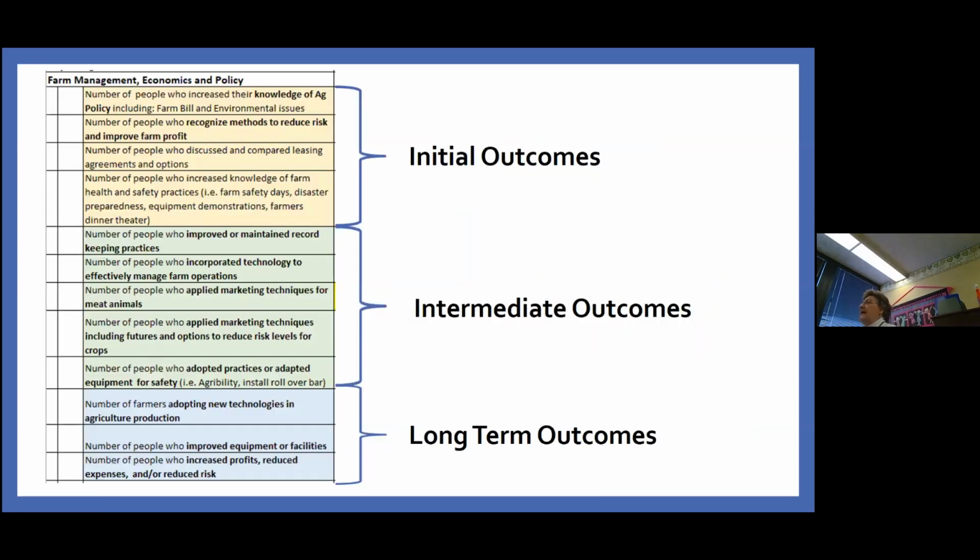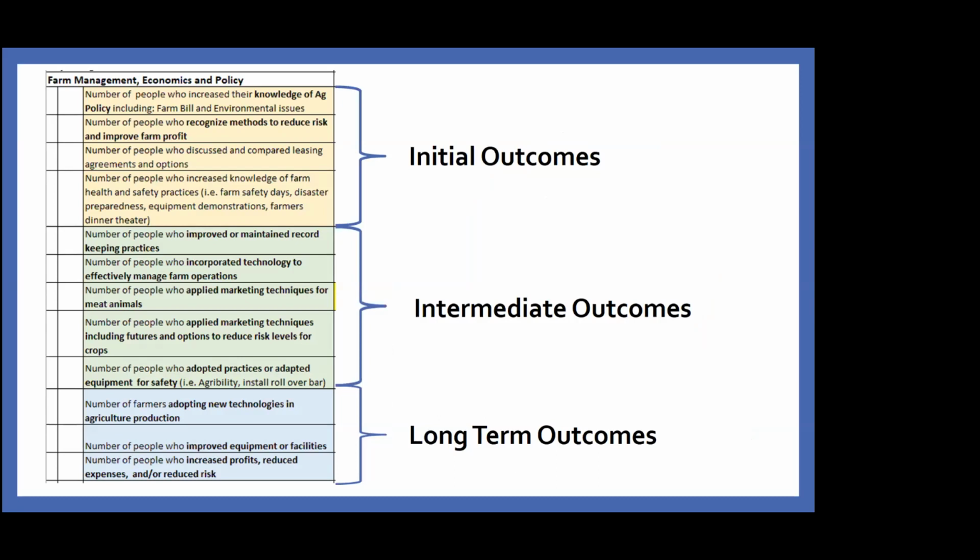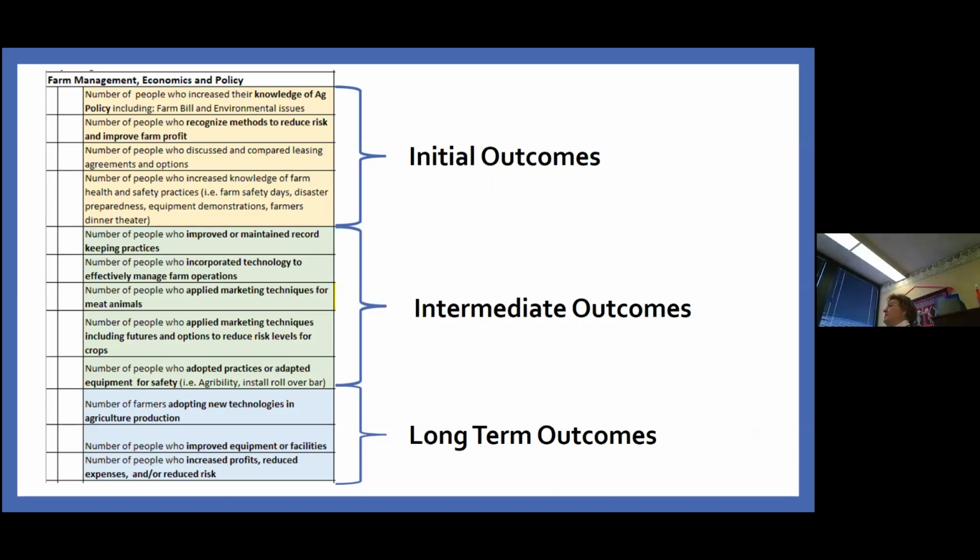So when you look at the indicators, and we don't have the numbers for these yet, Ken Jones and Evelyn will be putting numbers to all of these, but I've color coded them for you. At least on ours, it's going to be color coded. And the yellow ones are initial outcomes.